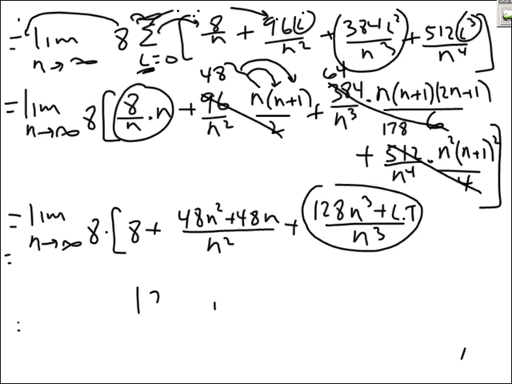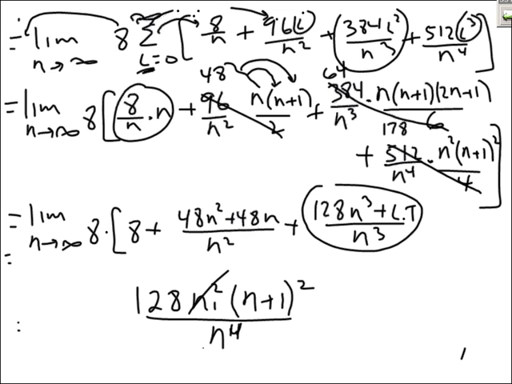You have 128 times n squared times n plus 1 squared over n to the 4th. Well, first, maybe I would say this n squared kills off 2 factors of n in the bottom, so it's irrelevant. That is 128 times n plus 1 squared over n squared.